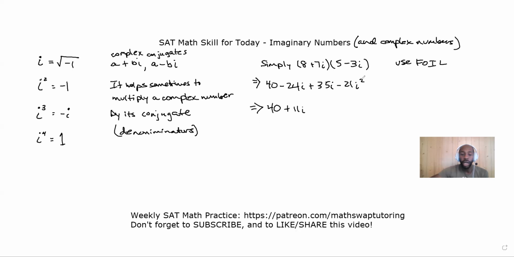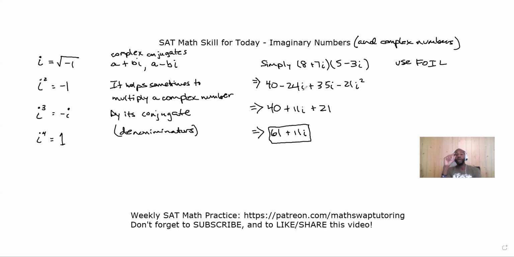You've got negative 21i squared. i squared is negative 1, so negative 1 times negative 21 is a positive 21. And then finally, combine like terms again. 40 and 21 will give us 61 plus 11i. And that's our final answer here.